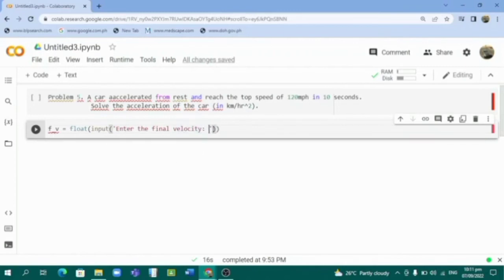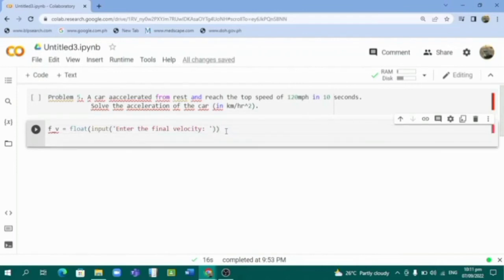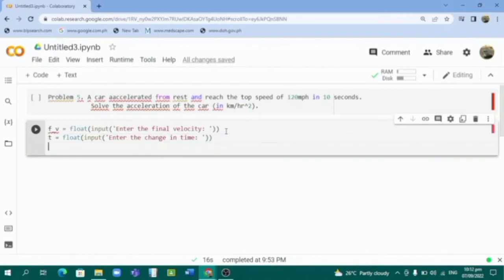Comma and space. In the second line, we're gonna put here t, which is the time, float close open parenthesis, input function, close open parenthesis again, quotation mark, ask the user to enter the change in time, colon, then space.